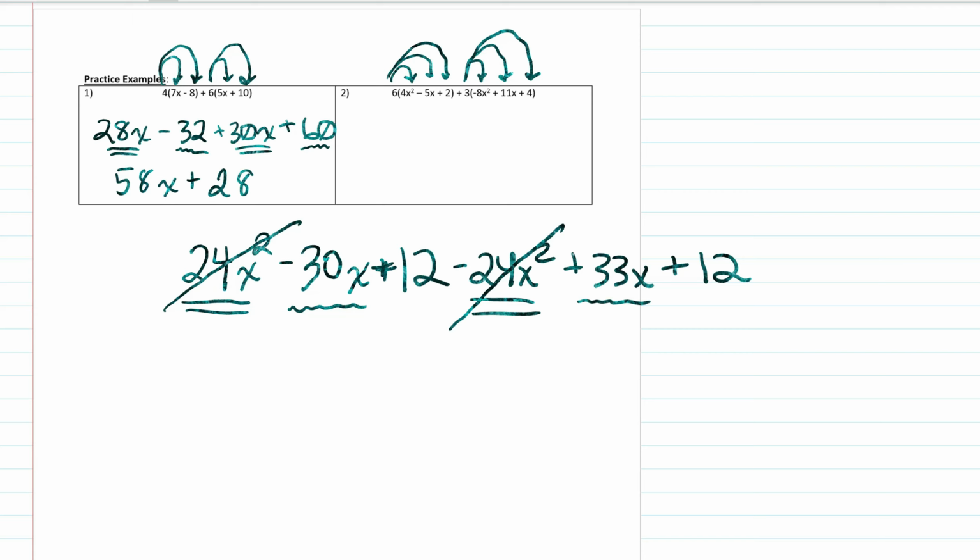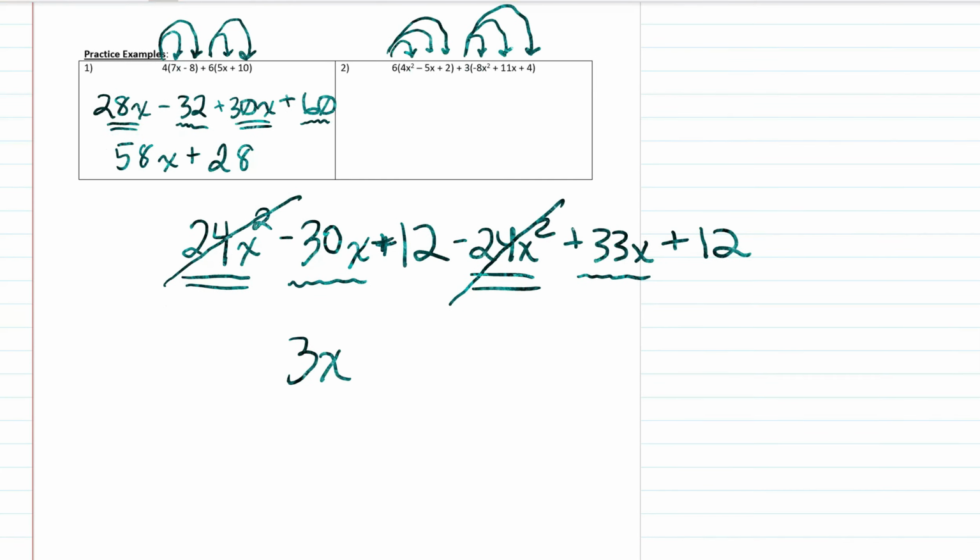The other like terms are the negative 30x and the positive 33x. Signs are different, so we subtract them and take the sign of the larger magnitude number. So it becomes positive 3x. And then we go ahead and combine the constants, right?